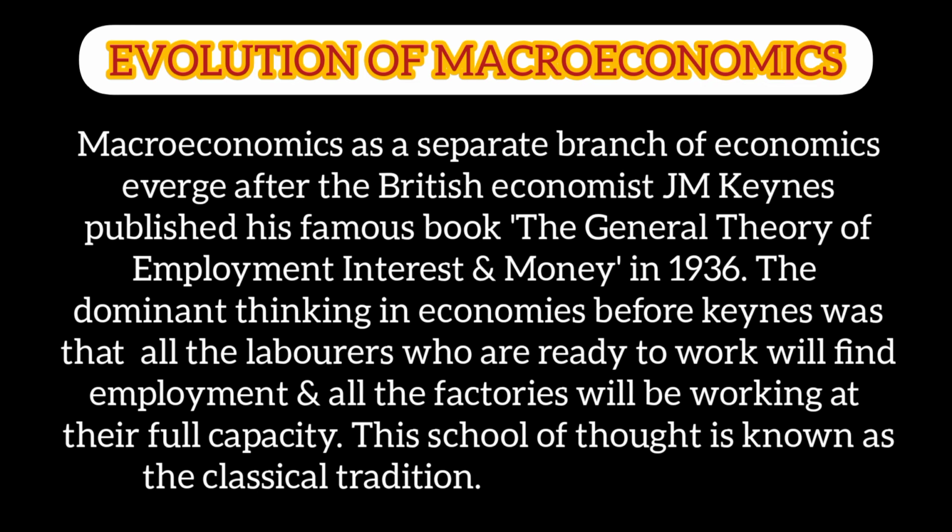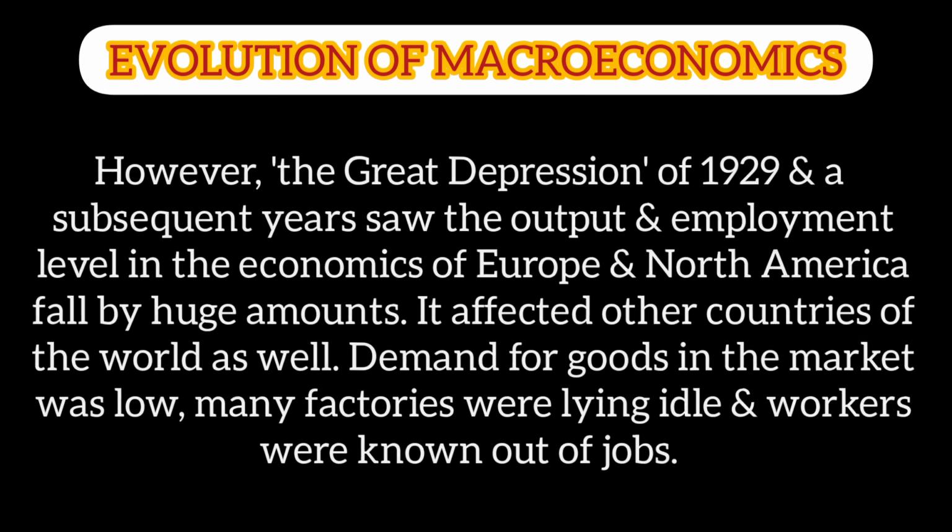The dominant thinking in economics before Keynes was that all the laborers who are ready to work will find employment and all the factories will be working at their full capacity. This school of thought is known as the classical tradition.